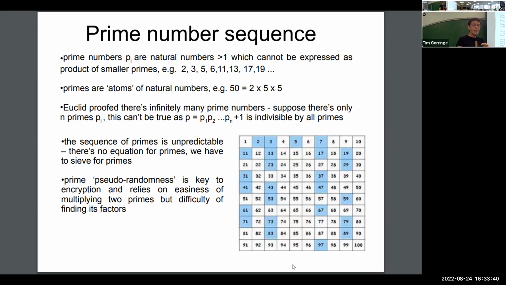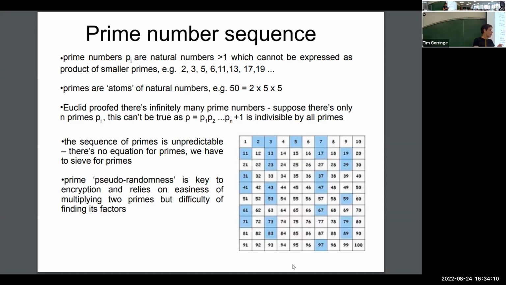There's a famous proof that's thousands of years old now, that there's an infinite number of prime numbers. I try to write it out compactly here, but it goes along the lines of supposing there wasn't an infinite number of prime numbers. Supposing there was just a finite number n of prime numbers.